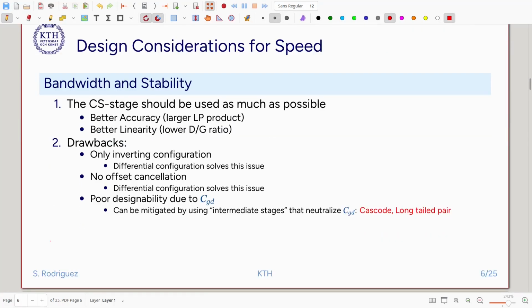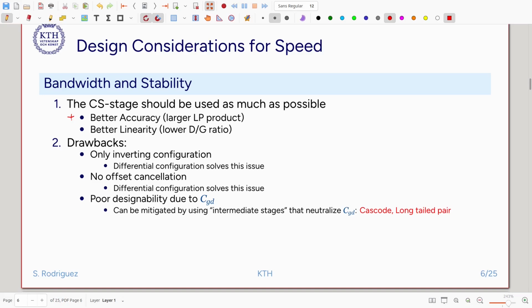Now, the design considerations for bandwidth. We have really good arguments for using the common source stage both at the input and at the output of the amplifier. It has to be used as much as possible. We have a lot of amplification; the ABCD parameters of the common source are much better than in the other stages.